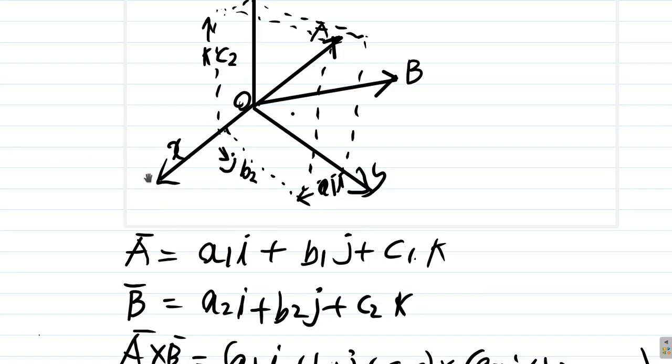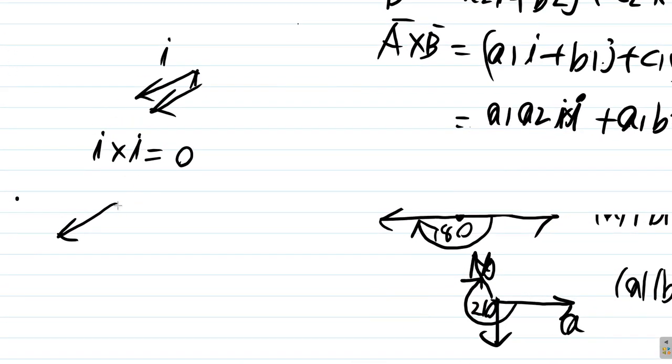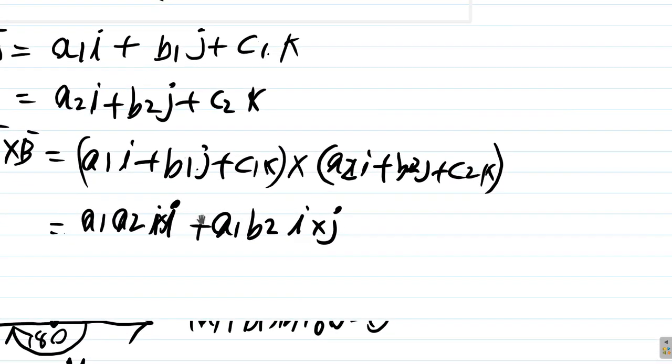We see x going towards our left, y going to our upper right. So i, and then j, that's j. So remember now, at the corner here is a right angle. So i cross j, going from i to j, we consider this 1.